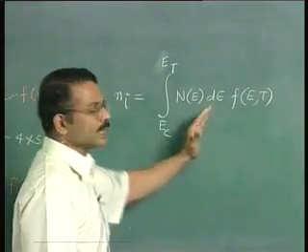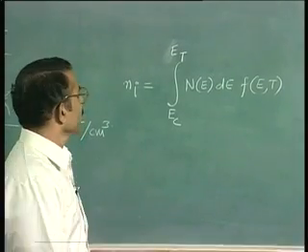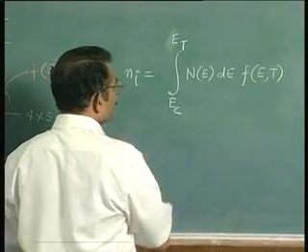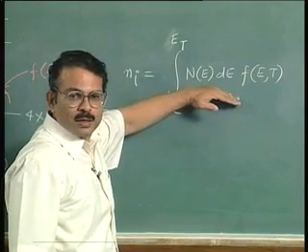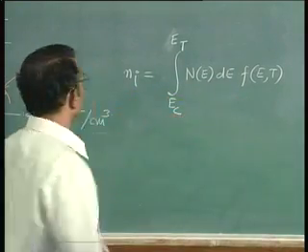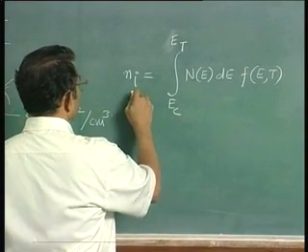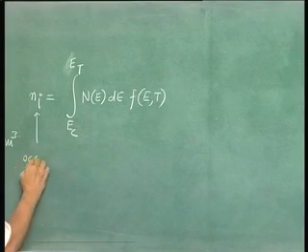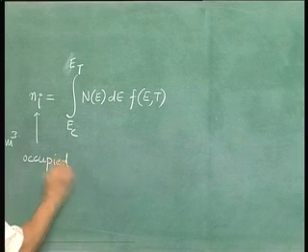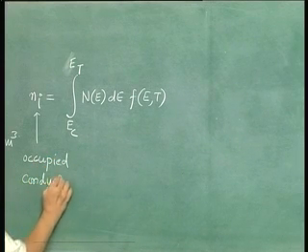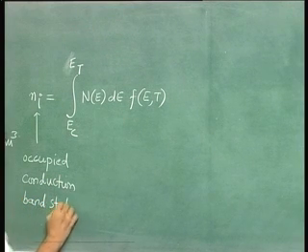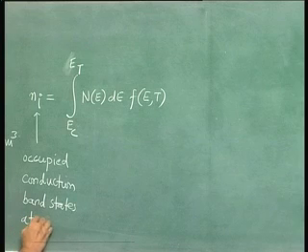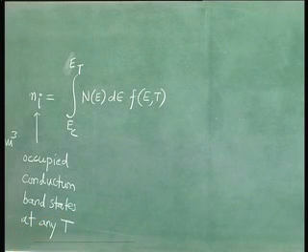So that is how you get the intrinsic concentration of electrons. Now we said that if you make some approximations, then the formula for the intrinsic concentration can be simplified. So here in this formula the left hand side is occupied conduction band states at any temperature T. That is the concentration of electrons.